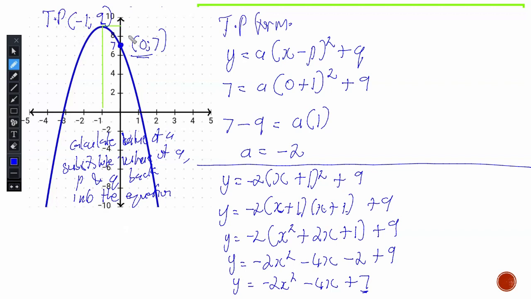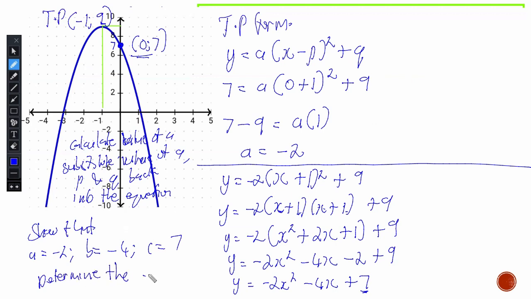So in grade 12, they can be smart about it and just say, show that a is equal to -2, b is equal to -4, and c is equal to 7. Do not be alarmed by this. This is also another way to say determine the equation of the parabola function.